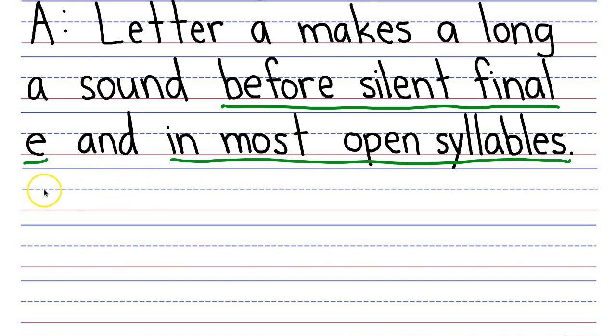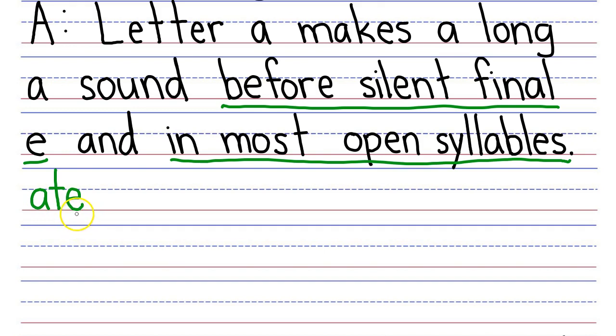So, let's look at the word ate. Ate is spelled A-T-E. And it's pronounced with just two sounds, a long A sound, A, and a T sound, T, which means that the E doesn't make any sound at all. It's silent.